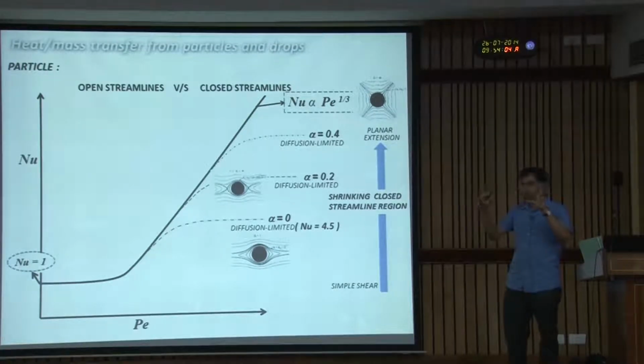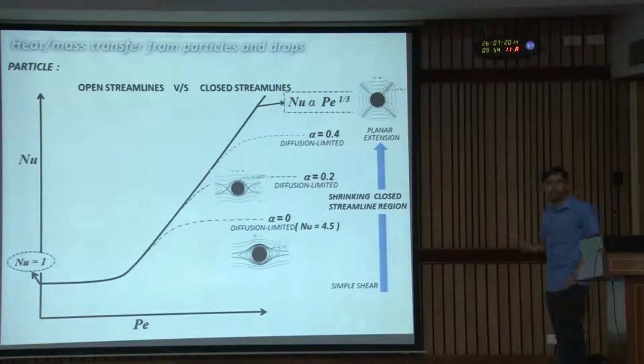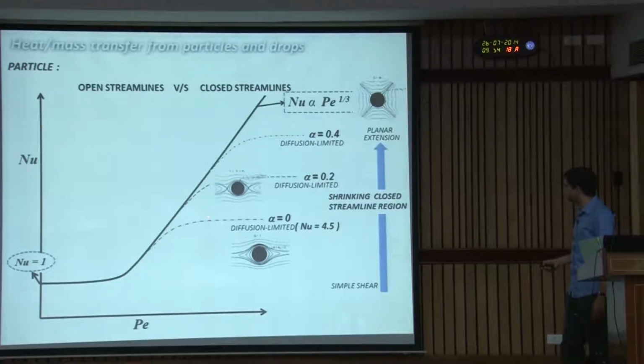Once the boundary layer, thinning with increasing Peclet, becomes thinner than the closed streamline region, convection can no longer do anything, and the Nusselt number saturates. This happens earlier and earlier as you go towards simple shear, because the closed streamline region is expanding. So, at a lower Peclet, the boundary layer recedes within the closed streamline region, and Nusselt tends to what I call a geometrically limited value.